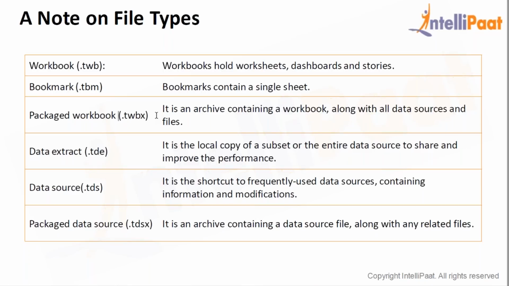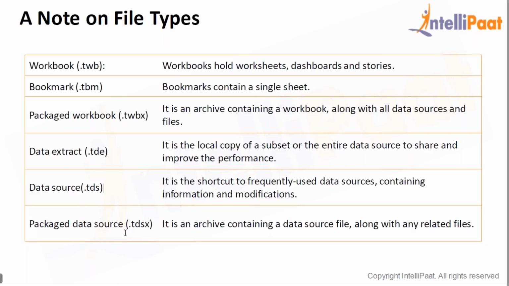So, similarly, just like our workbook and packaged workbook, we have the data source and packaged data source file extensions over here. As we went through the packaged workbook, this is also something like that. The packaged data source file will contain the .tds file, which will contain all the information: the path, all the metadata changes, all the necessary information about the data source.